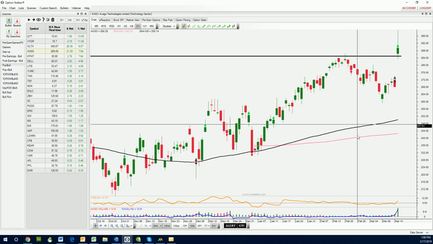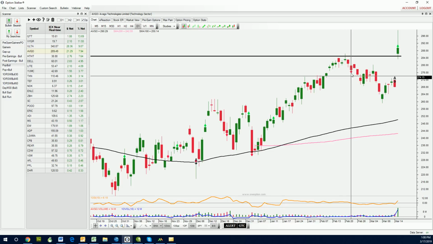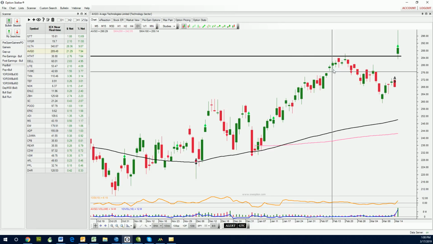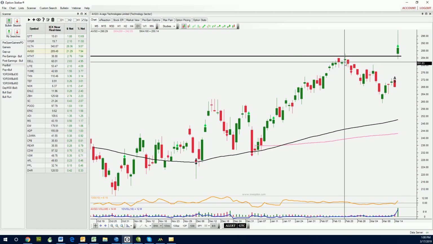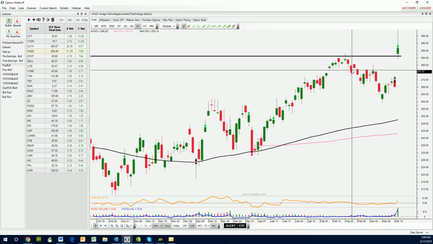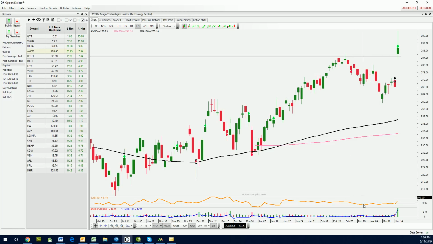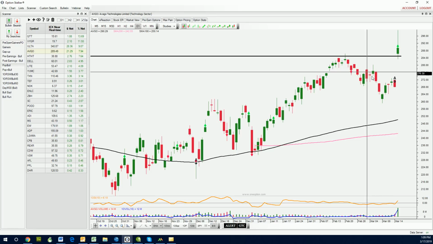There you can see it's starting to turn negative, and that's a very nice gain. So the system will tell you when to get in and when to get out. So similarly, you could go short the stock right here as well, since it has relative weakness, and that would have turned out to be a good trade also.